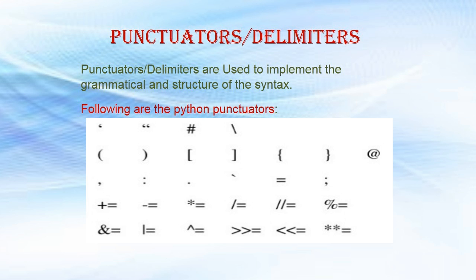And there are many different punctuators or delimiters in Python programming: single quote, double quote, hash, front slash, circular brackets, or we call them parentheses, square brackets, curly brackets, at the rate, then again quote, then colon, full stop. These are the different punctuators and delimiters which we use in Python.